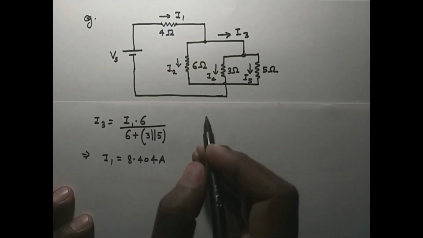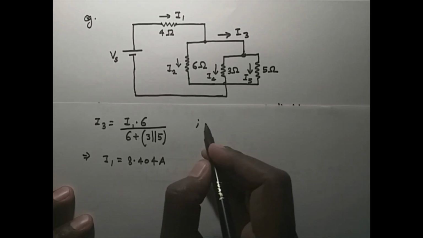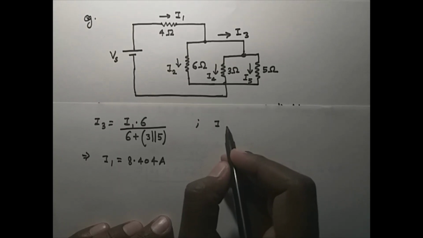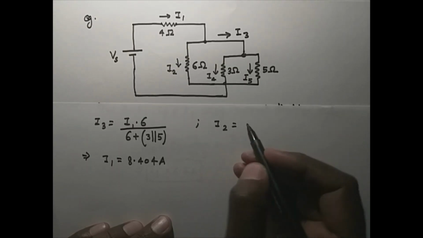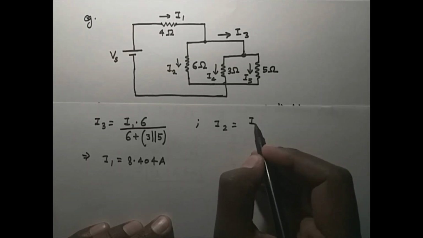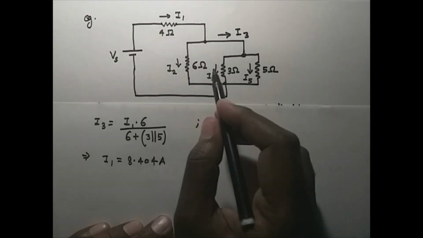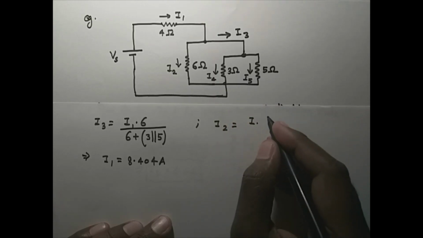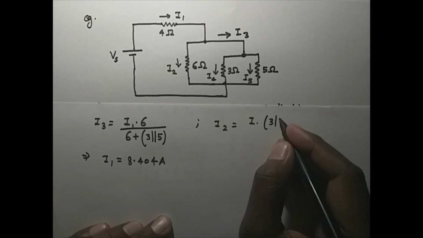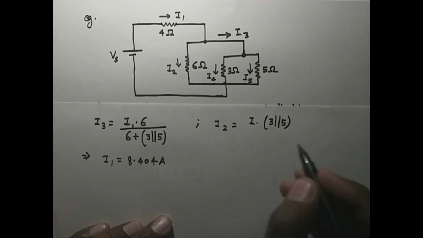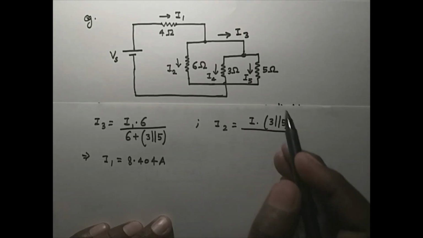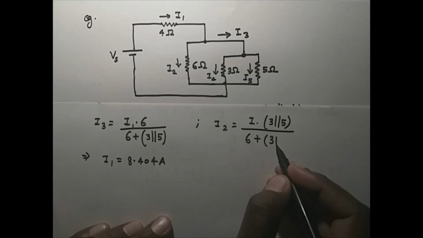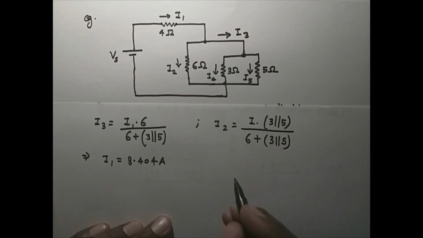So by applying current division rule, we will get this I2 as total current I1 multiplied by this adjacent branch resistance, which is the parallel combination of 3 and 5, divided by sum of both the resistances, means 6 plus parallel combination of 3 and 5.